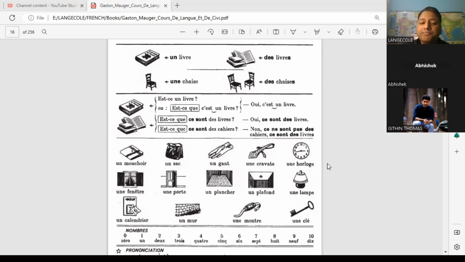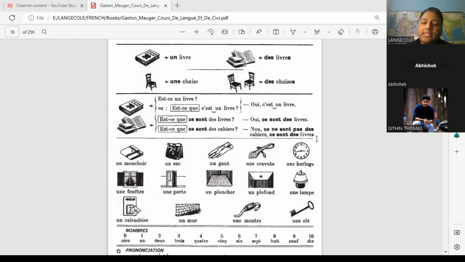And in plural, est-ce que ce sont des livres? Oui, ce sont des livres. And est-ce que ce sont des cahiers? In this case, it is not a cahier, so non, ce ne sont pas des cahiers, ce sont des livres.